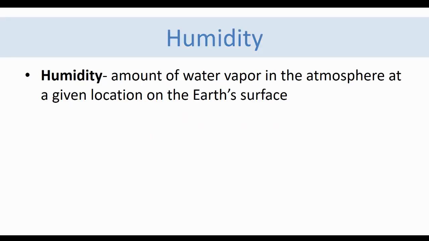Humidity is a measure of the amount of water vapor in the atmosphere at a given location on Earth's surface. We describe humidity using relative humidity, which you've probably heard, especially in weather forecasts, and also dew point, probably another term you've heard if you listen to the forecasts.